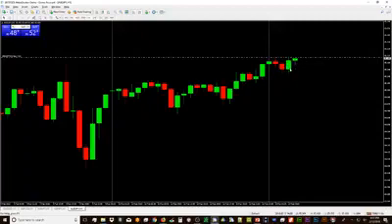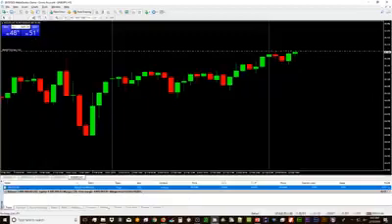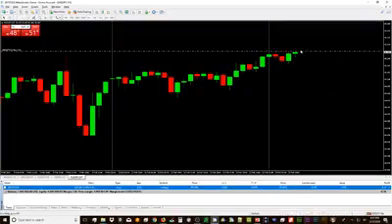When we immediately go into a trade, that's why you're in the negative until pricing actually goes above your trade line for a buy or below your trade line for a sell.